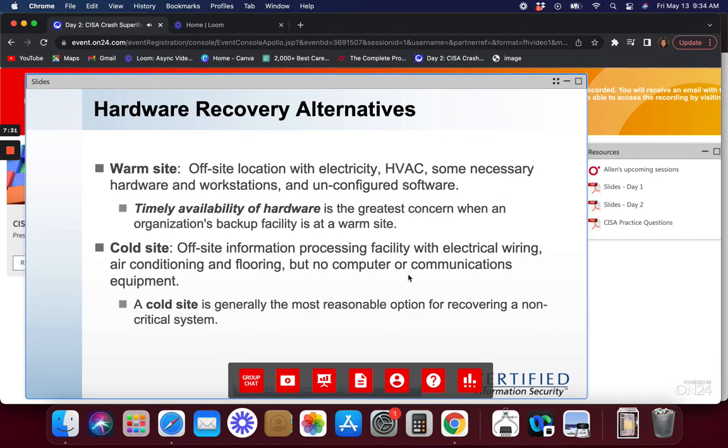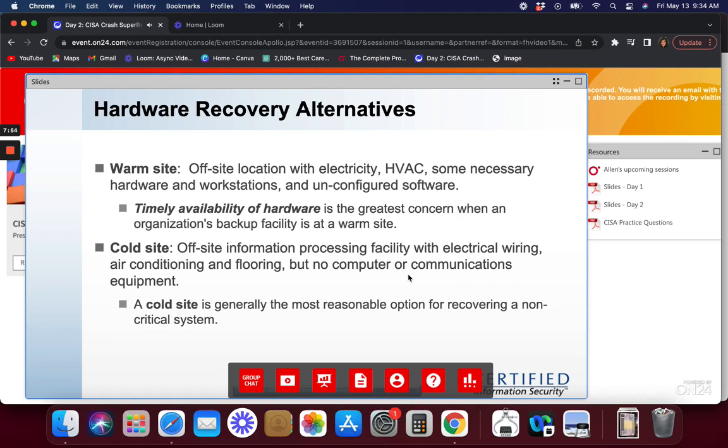Hardware recovery alternatives: know the difference between a warm site, a cold site, and a hot site. These are off-site recovery locations. A cold site is the cheapest, but all you've got basically is a facility to go to. Nothing is there. Nothing is configured. You don't even have heating, ventilation, air conditioning. It's basically a warehouse. A warm site is a little better than that.